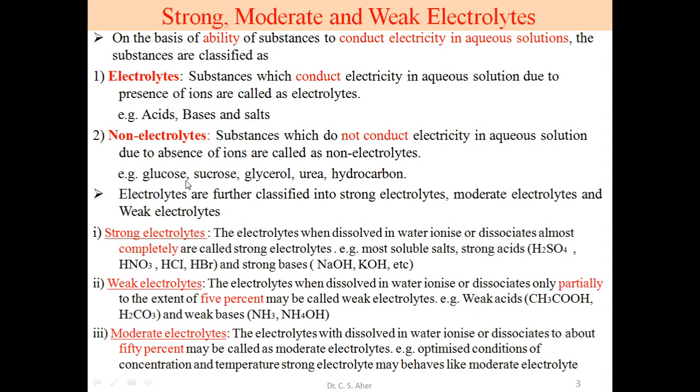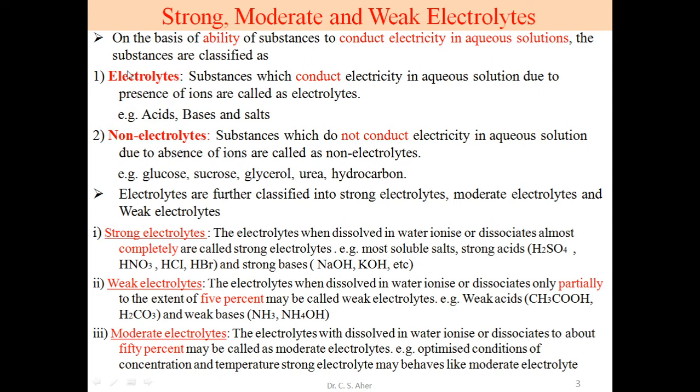When we add sugar in water, it forms a sugar solution. Both salt and sugar are soluble in water. But the salt solution conducts electricity, and thus NaCl acts as an electrolyte. But the sugar solution does not conduct electricity, and thus sucrose, glucose act as non-electrolytes.